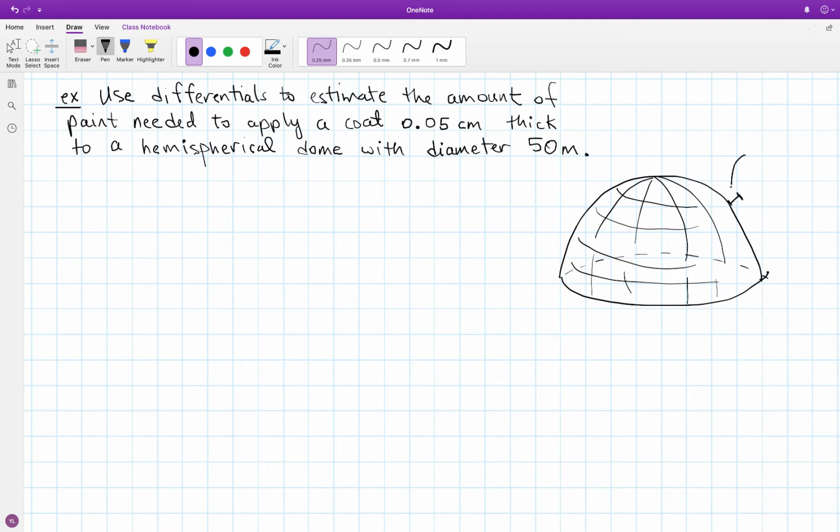It's obviously going to be out of scale completely, but just imagine increasing the thickness of this thing by 0.05 centimeters by applying paint, all right? And of course the question is asking how much paint I need, the amount of paint.